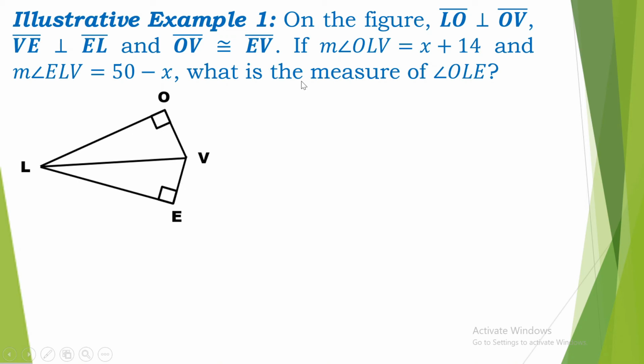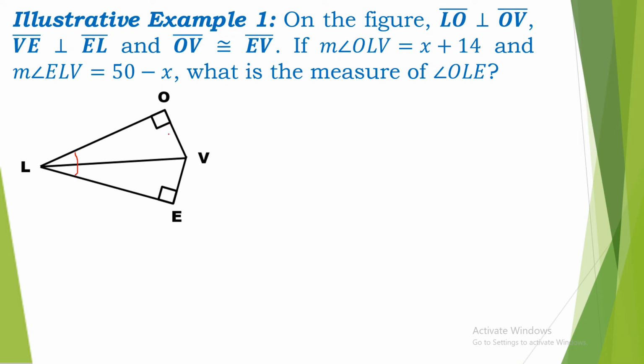If the measure of angle OLV is equal to x plus 14 and the measure of angle ELV is equal to 50 minus x, what is the measure of angle OLE? So take note, we are looking for the measure of this angle. It's angle OLE. And the given angles are the two angles which are parts of angle OLE.